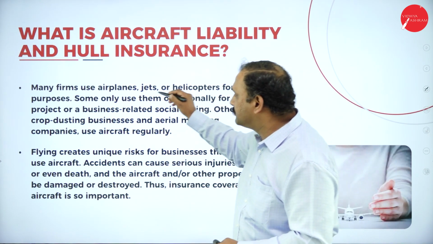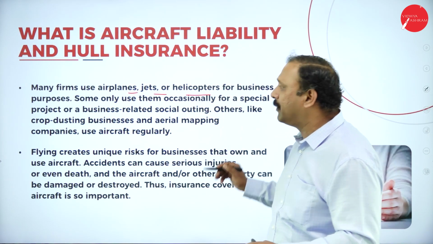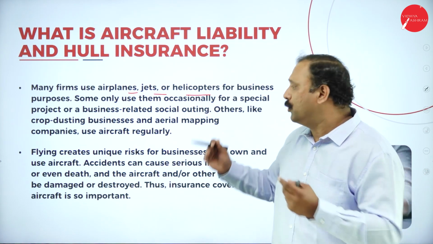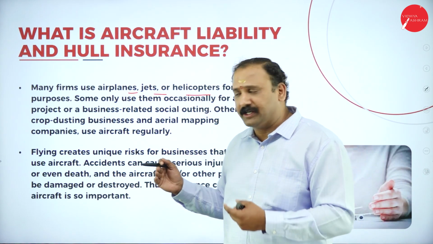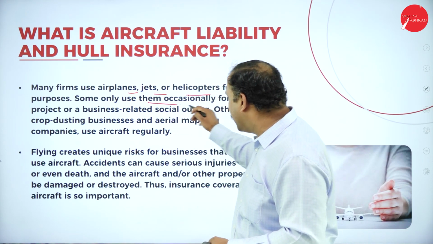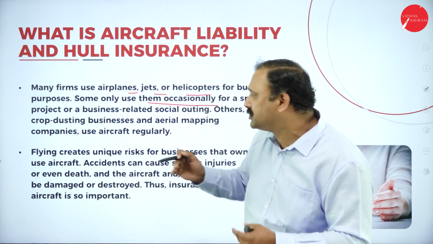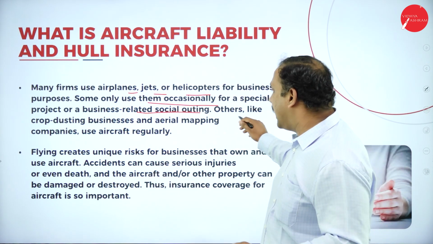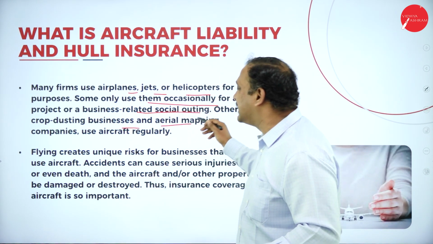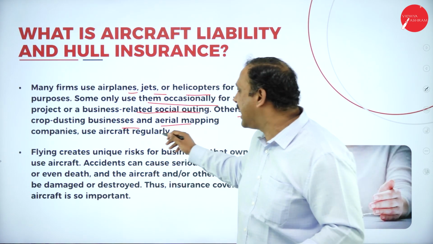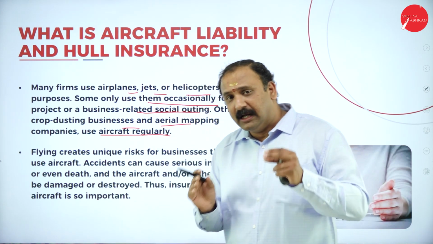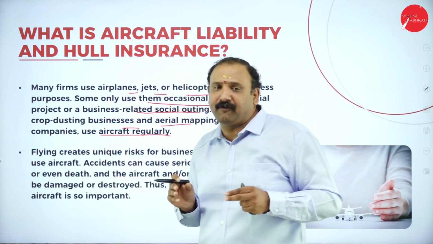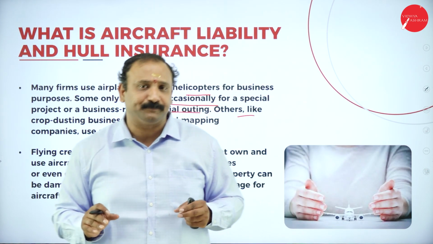Now, many firms use airplanes, jets or helicopters for business purposes, which is quite the norm in modern days. Some of them use them occasionally for a special project or a business-related social outing. Others, like crop dusting businesses and aerial mapping companies, use aircraft regularly. Now look at the usage factor that I'm trying to talk about.